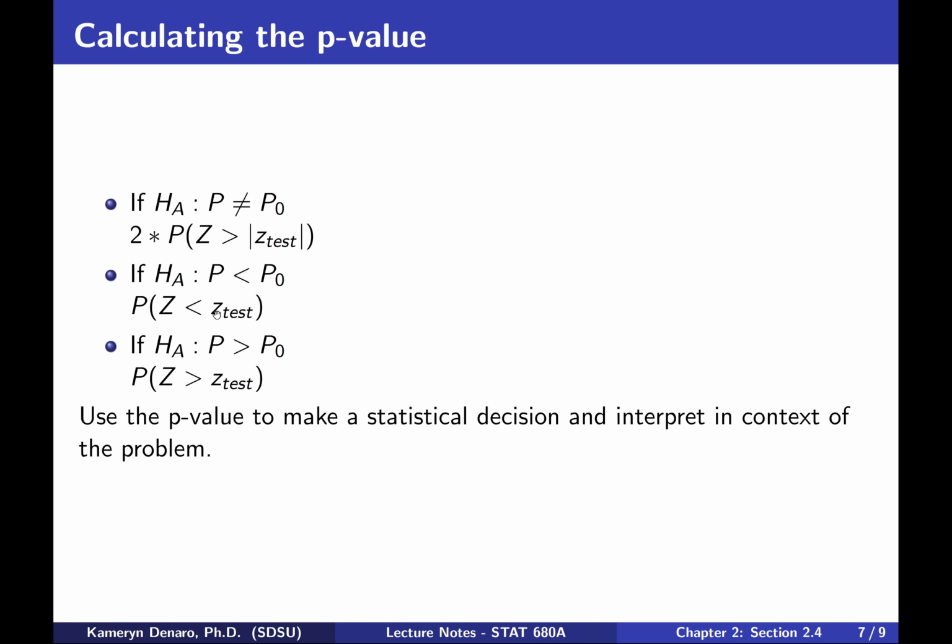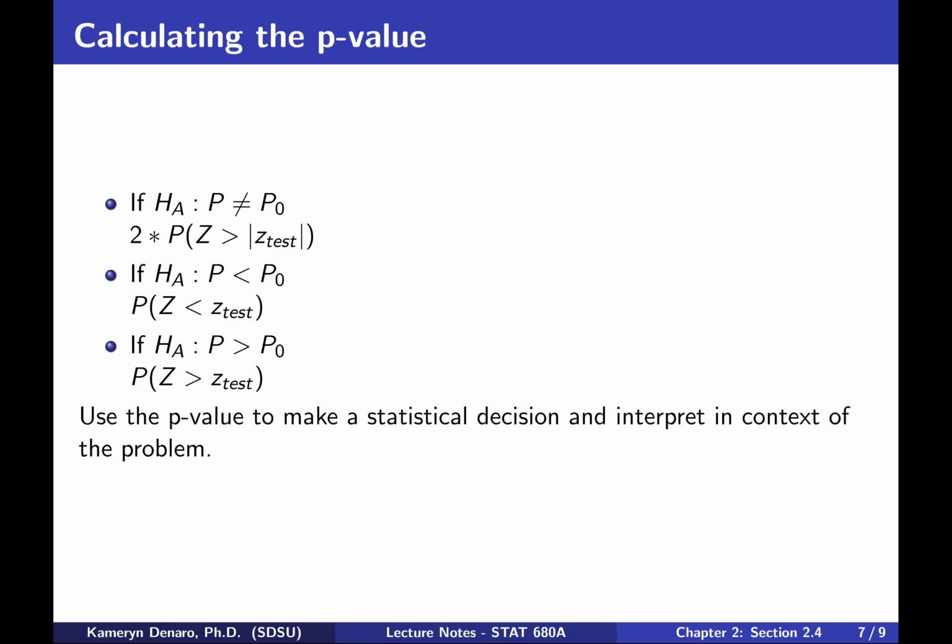If you have a less than test, you're going to find the probability of being beyond your test statistic on the lower side of the distribution. And if you have a greater than test, you're going to find the probability of observing a value greater than your test statistic, or the area in the upper tail of the distribution.